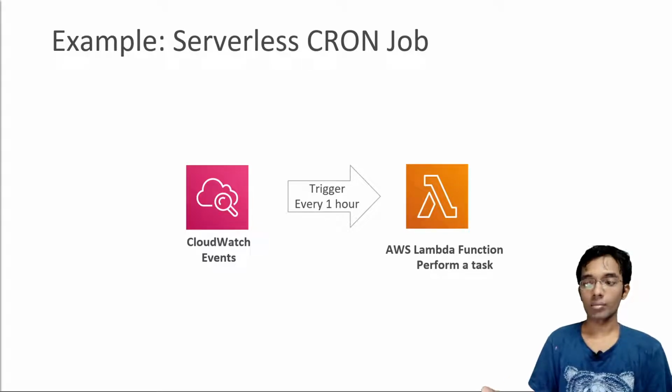The highest limit is 15 minutes. This would be a great way to do a serverless cron job, because we don't manage any infrastructure. CloudWatch Events is serverless, and so is AWS Lambda.